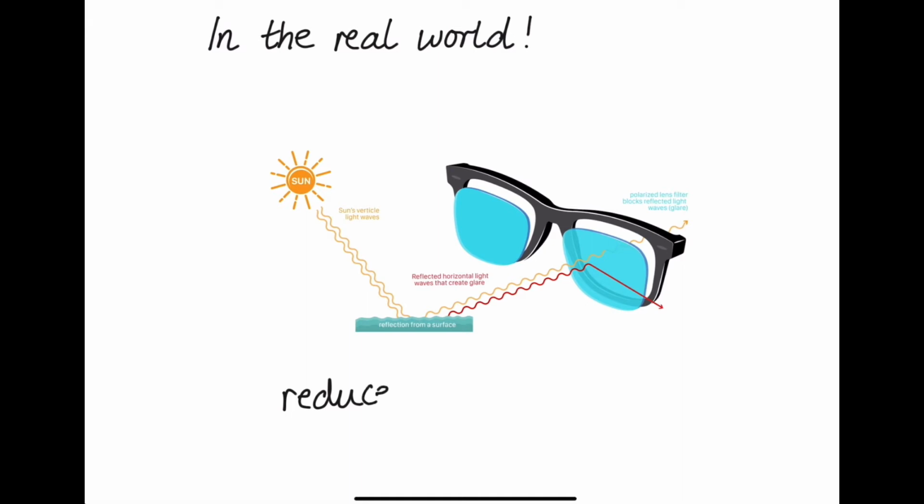So this helps reduce glare, and glare is actually caused by the reflection of light off horizontal surfaces, such as a wet road, the surface of the water, or maybe a skiing slope. So in these situations, using sunglasses is really important to protect your eyesight.